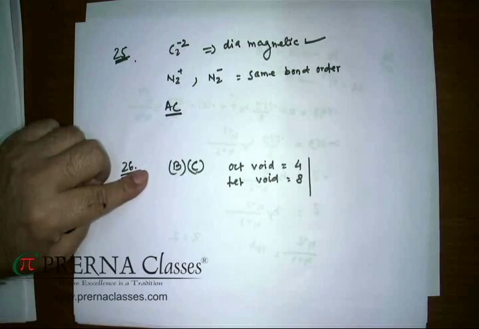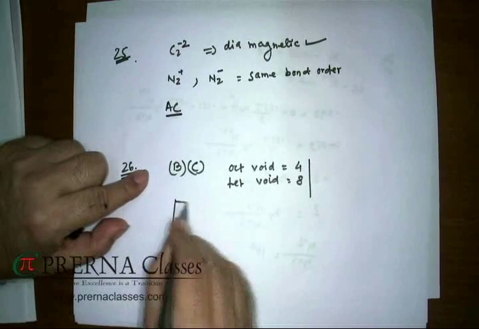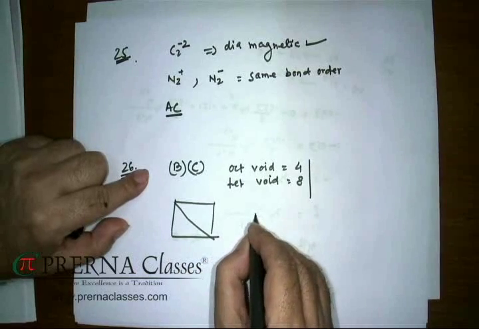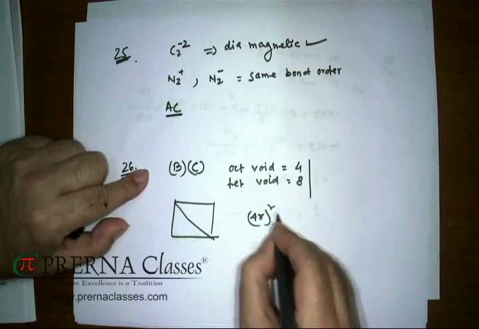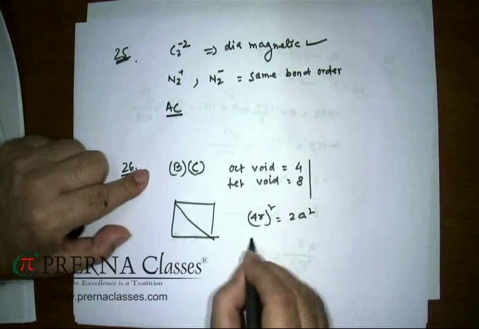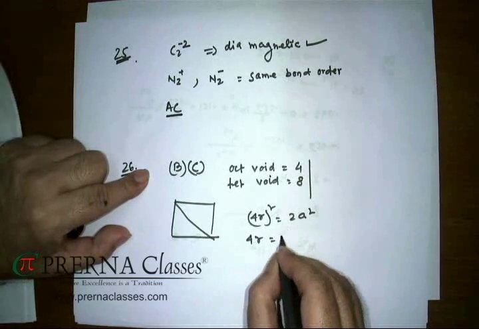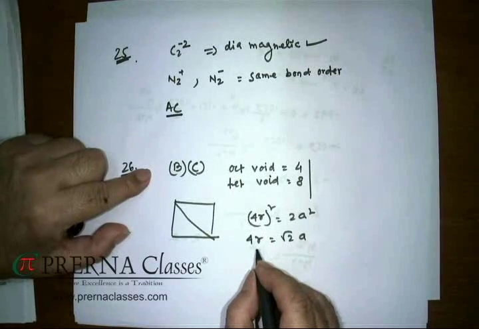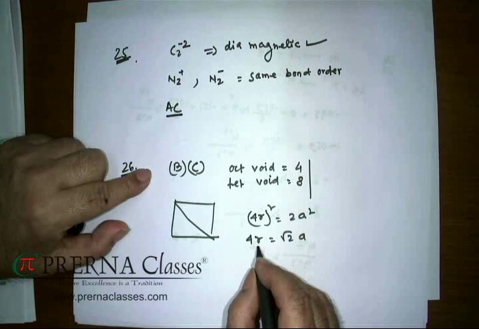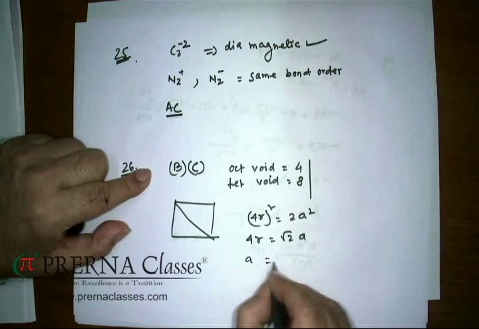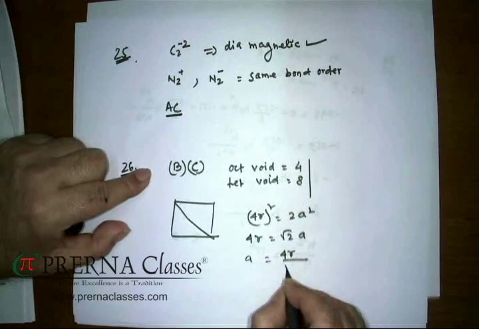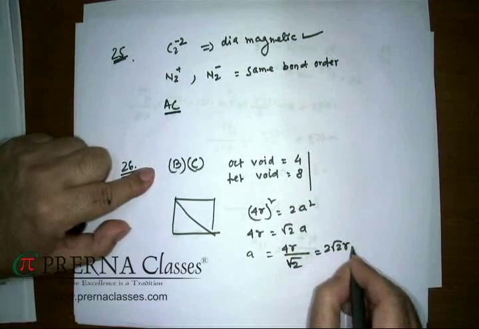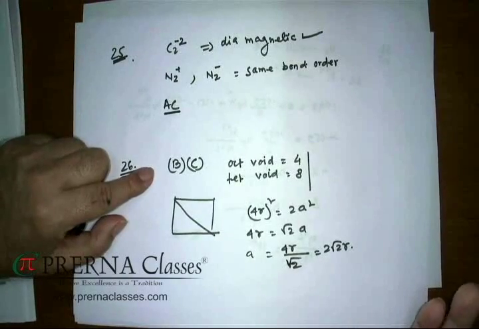Now let's look at the answer D. We can always say this 4R is equal to root 2 A, or edge length A is equal to 4R by root 2, that is 2 root 2 R. That is, the third statement is also correct. So I will say B, C, D.